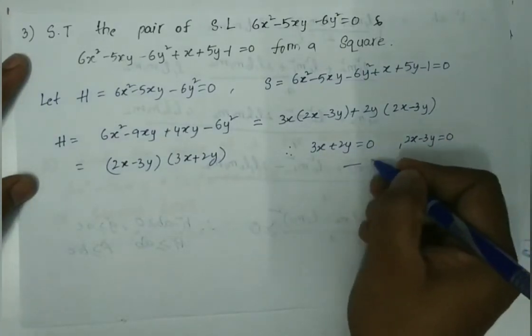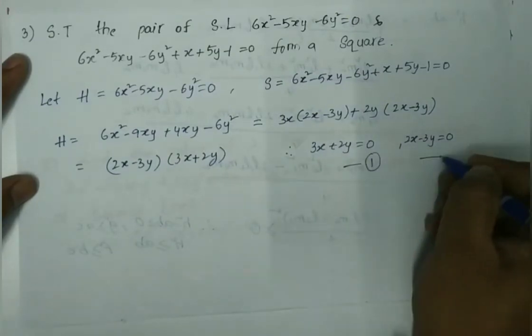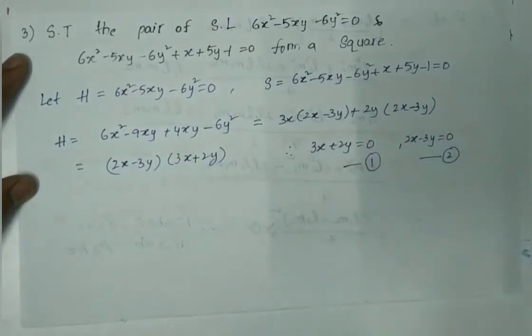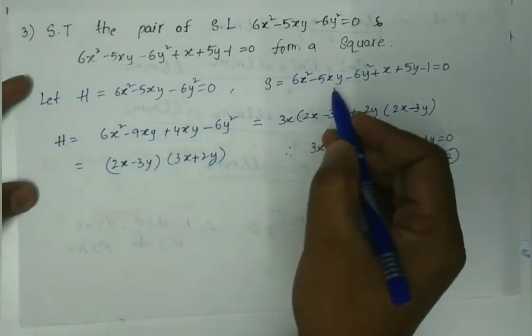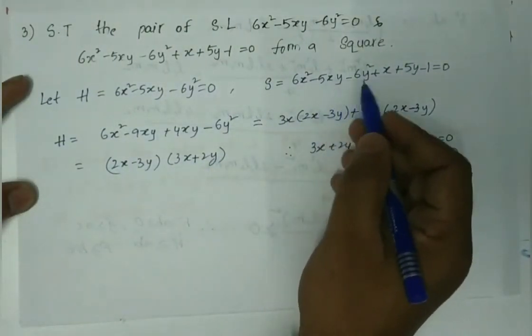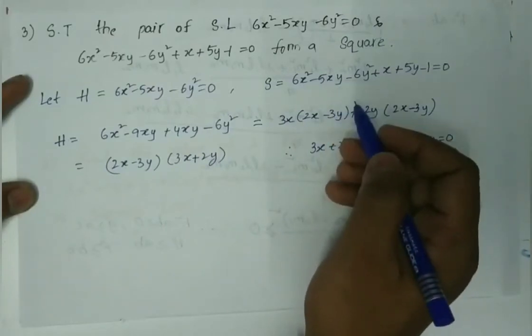Let us name this as equation 1 and this equation as 2. Next, we have to find the pair of lines represented by the equation S is equal to 0.